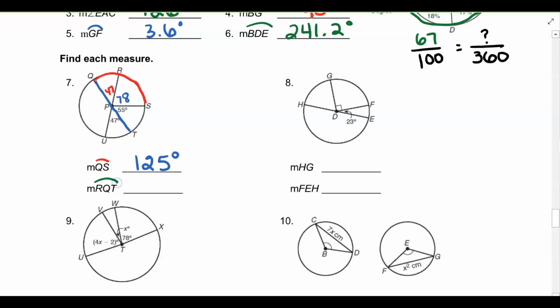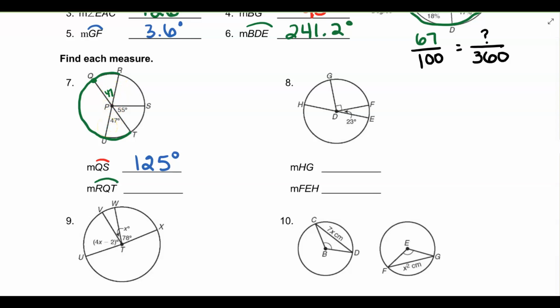Arc RQT connects point R to point T by going through point Q. So I know I'm trying to collect all of this. We already said that this angle was 47 because it's vertical with the other 47.